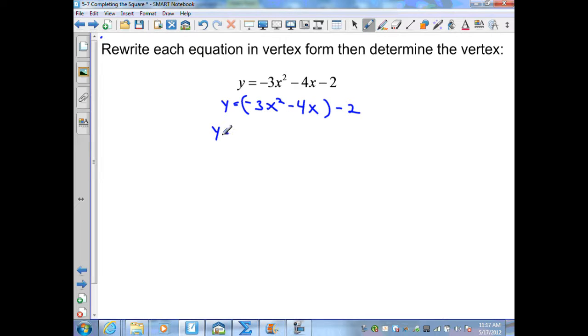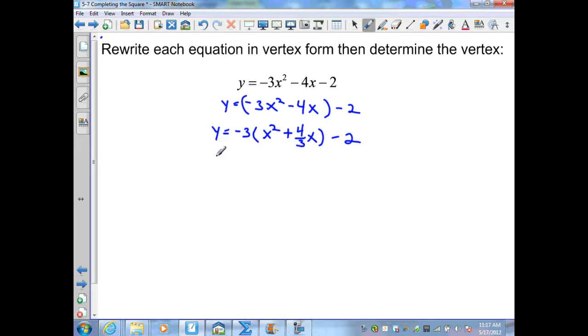So y equals, when I factor out a negative 3, that gives me a positive x squared. Essentially, I want to divide this by a negative 3, which would make that a positive 4/3 x, then minus 2. I can check that by distributing. So a negative 3 times x squared is a negative 3x squared. A negative 3 times a positive is a negative. The 3's cancel, and it gives me a minus 4x.